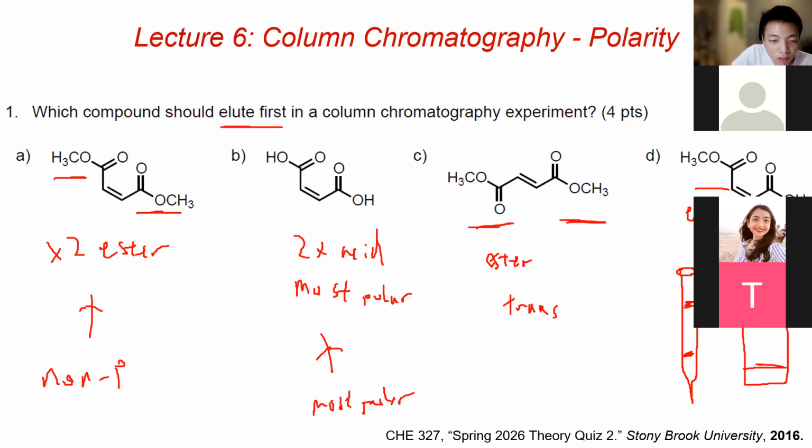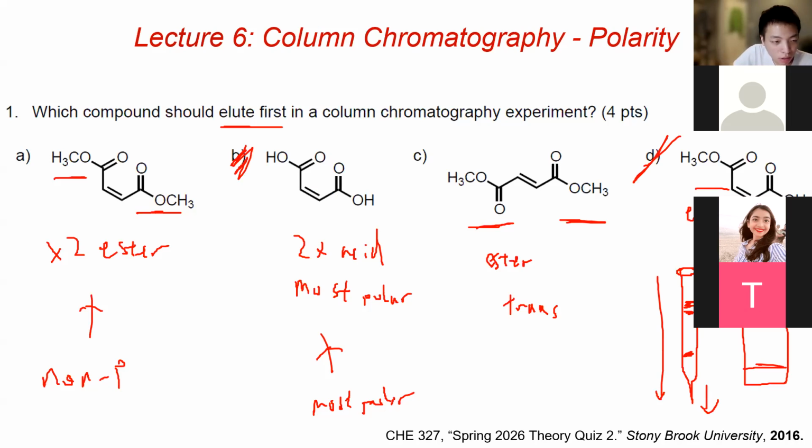And the one we have for C is trans. This is actually more or less interactive, but yeah. On the column, we will have the most nonpolar compound coming down, and the polar compounds will stay up here. So we can immediately cross B and D out.